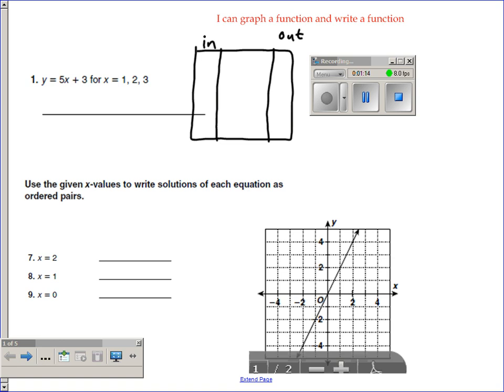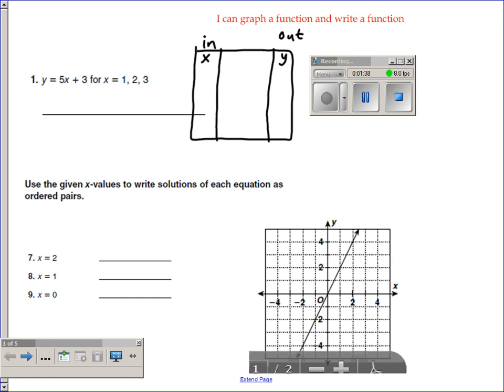Now, I just want to show you this because this is what's new for you. Your eyes need to be here so you can see this. Our input, when we're dealing with something like this up here with y equals 5x plus 3, our input is always considered x, and our output is always going to be considered y.